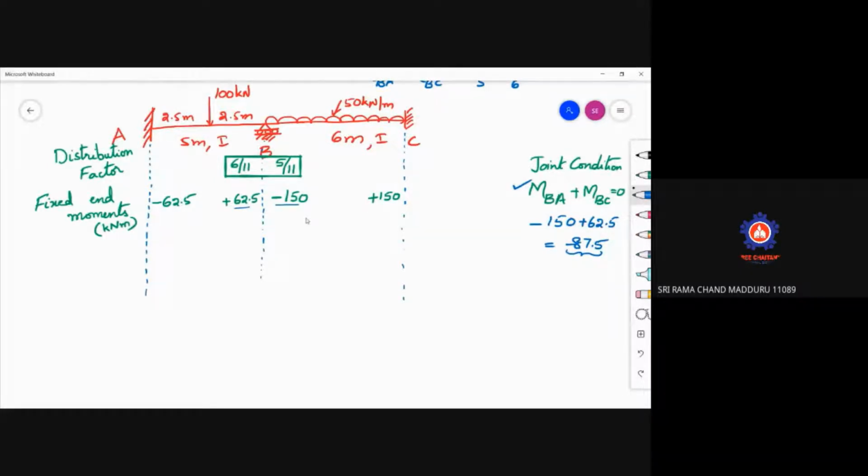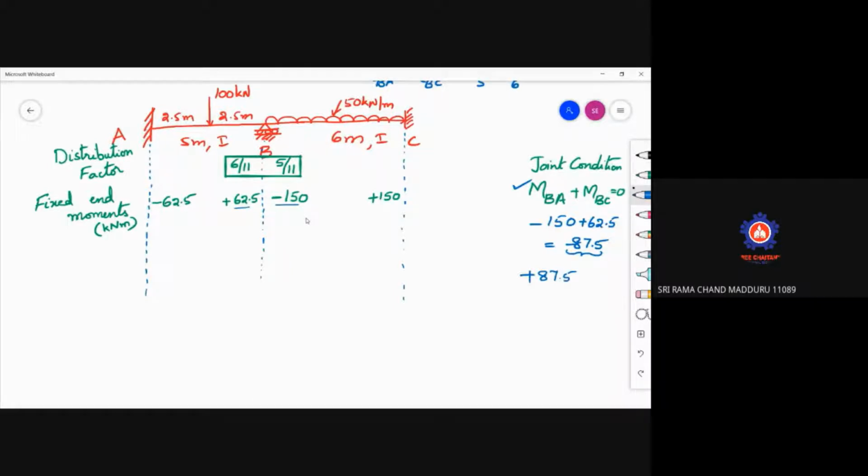We have to balance this joint B as numerically they are not equal. So how much the difference is, that value we have to take. The difference is minus 87.5, and to balance it we have to consider it as plus 87.5. You can't distribute this in half; according to their distribution factors only, we have to distribute the moments.